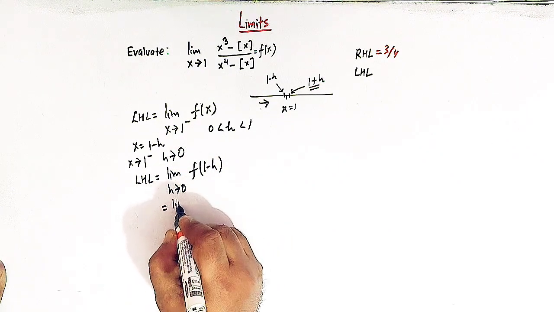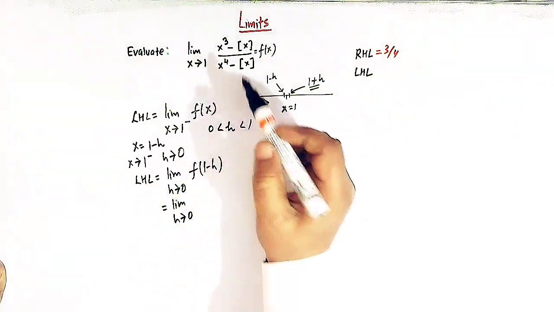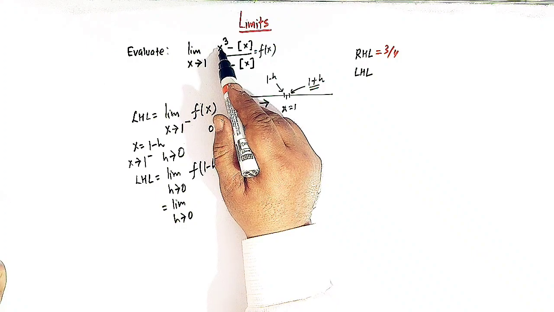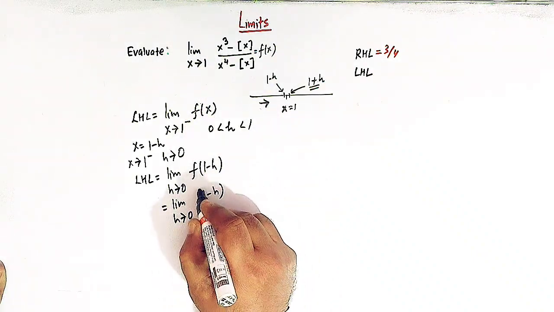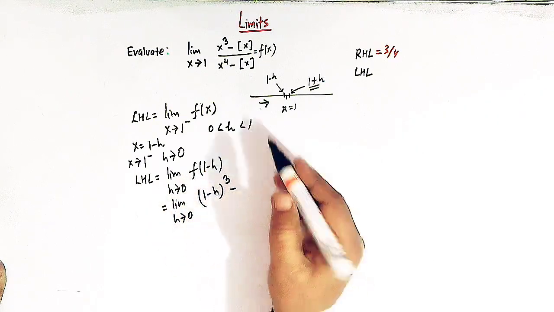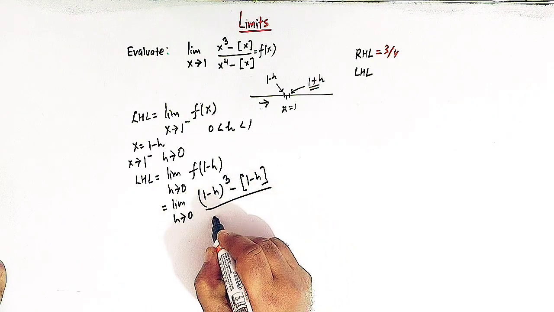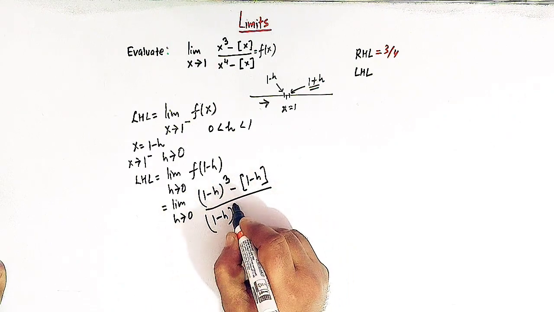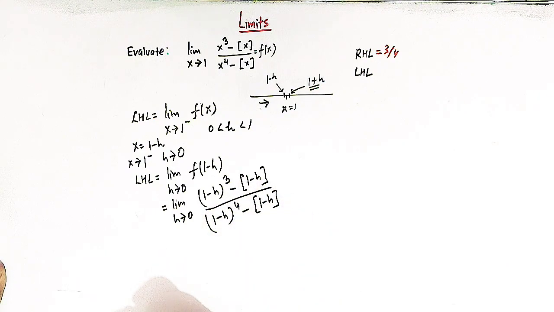Okay, so now we'll find out the value of f of 1 minus h by replacing x by 1 minus h. So we have (1 minus h) cube, then we have greatest integer of 1 minus h, then we have (1 minus h) raised to 4 minus greatest integer of 1 minus h, right?